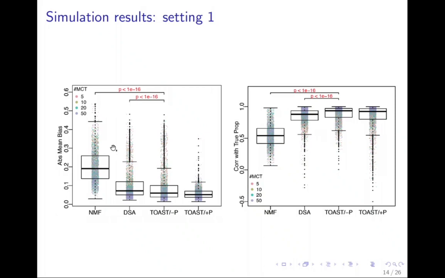We show that compared with the two existing methods, our proposed method can achieve lower absolute mean bias and higher correlation with true proportions in our simulation data sets. All those results are based on 100 simulation data sets.